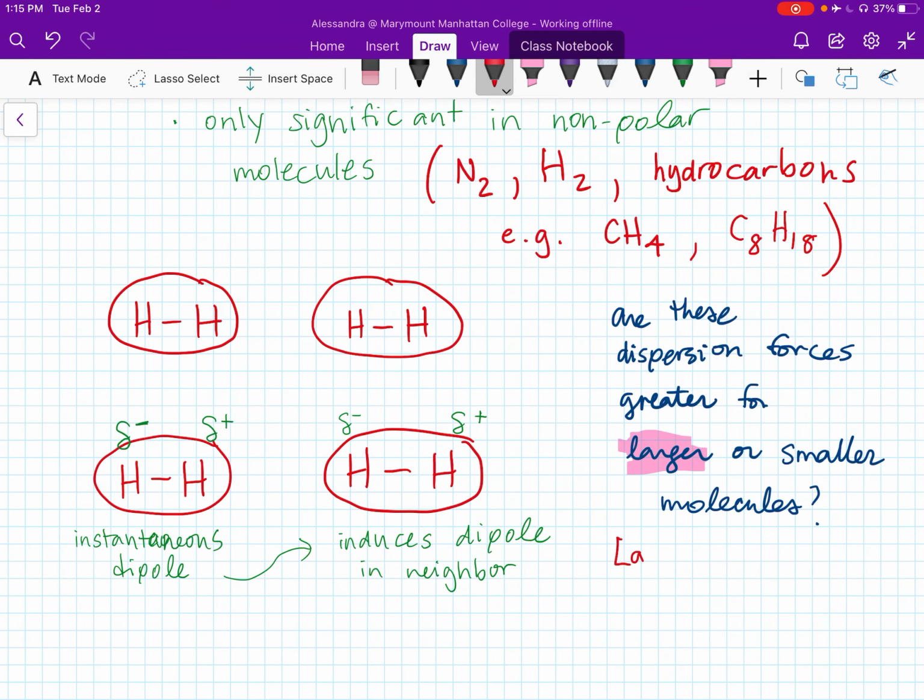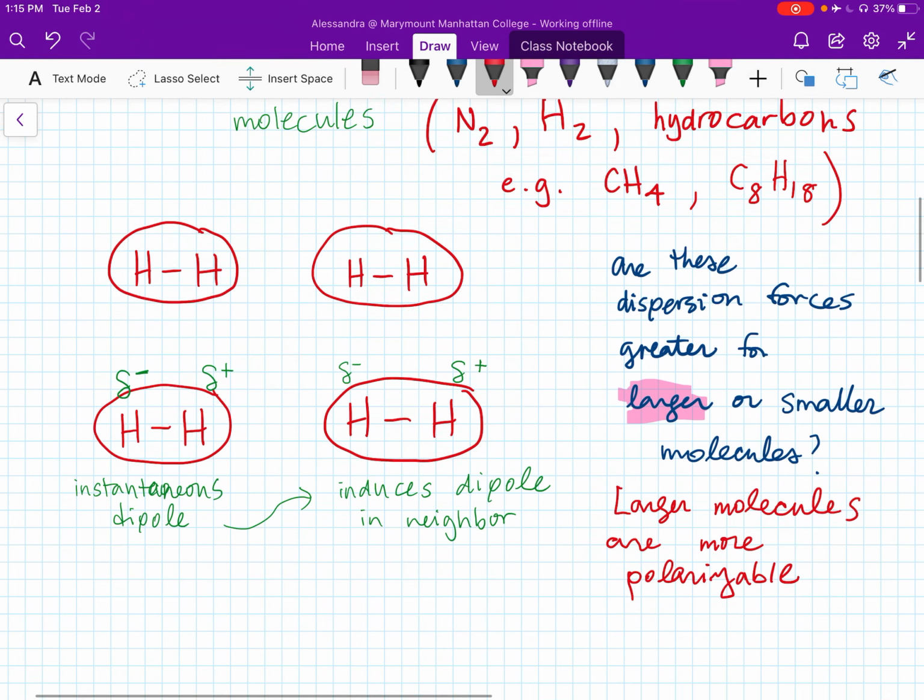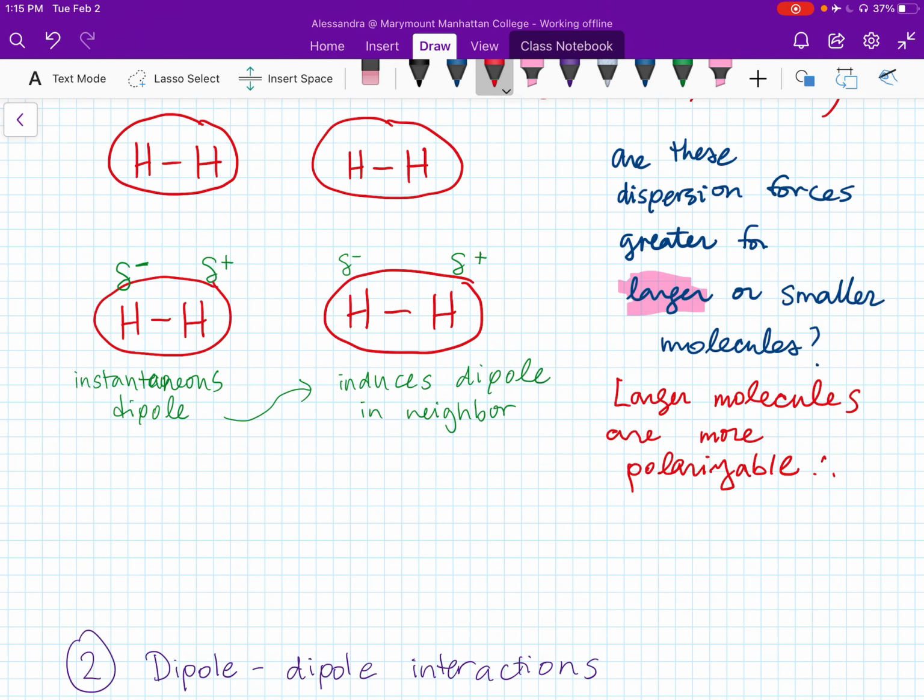So for London forces, larger molecules are in general going to have stronger London dispersion forces, simply because they have more electrons and more possibility for instantaneous dipoles. I'm going to call them LDF, London dispersion forces, and they are stronger than they are for small molecules.